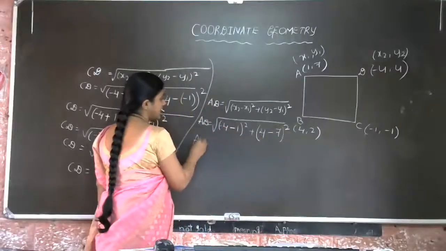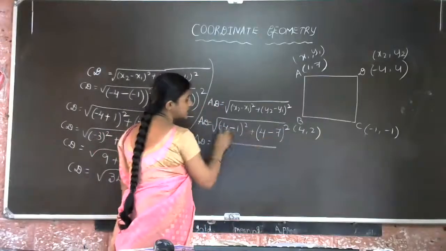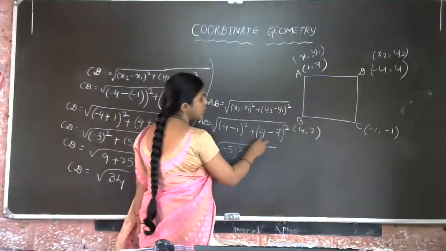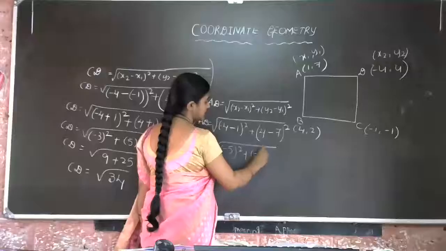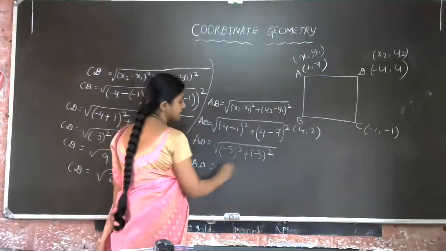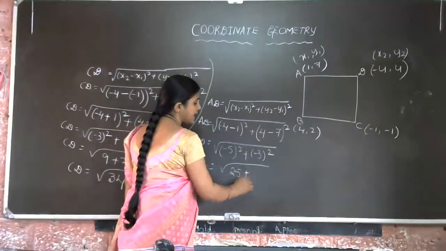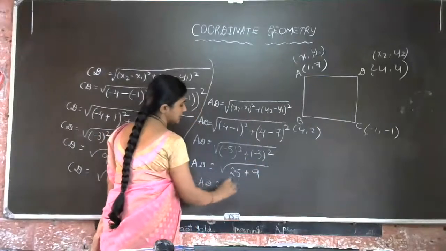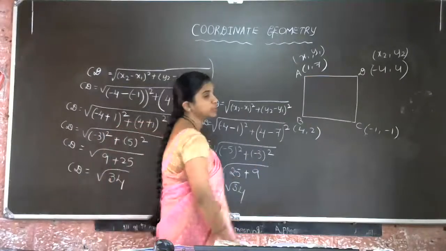So AD is equal to minus 4 minus 1 is minus 5, whole square. Next 4 minus 7 is minus 3, whole square. So AD is equal to minus 5 square is plus 25, plus minus 3 square is plus 9 only. So AD is equal to again we got root 34.